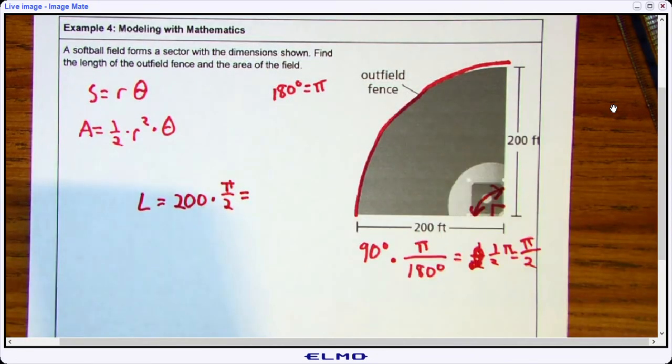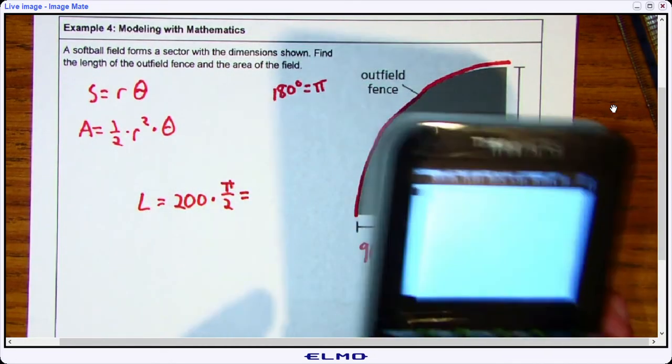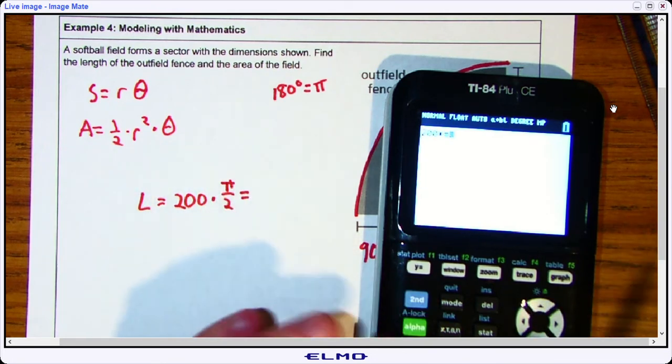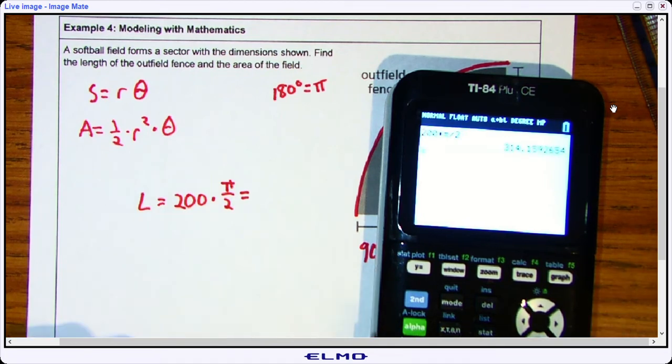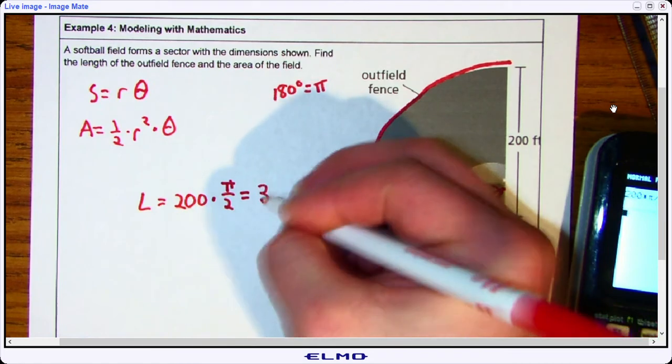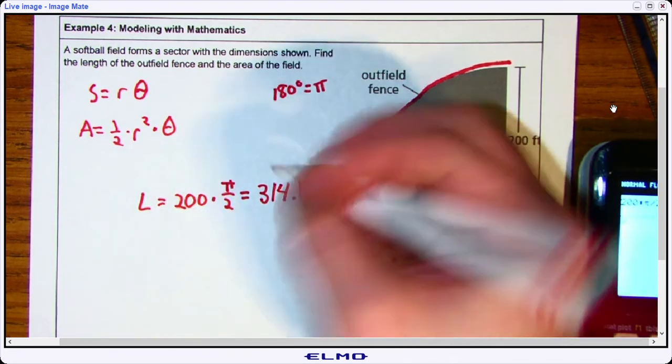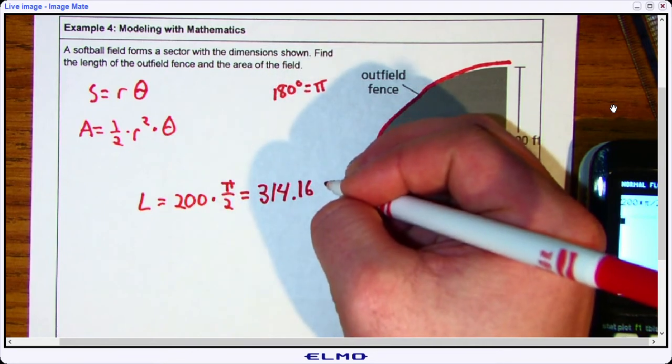If we throw this into our calculator really quick, 200 times pi divided by 2 gives me about 314.16 feet.